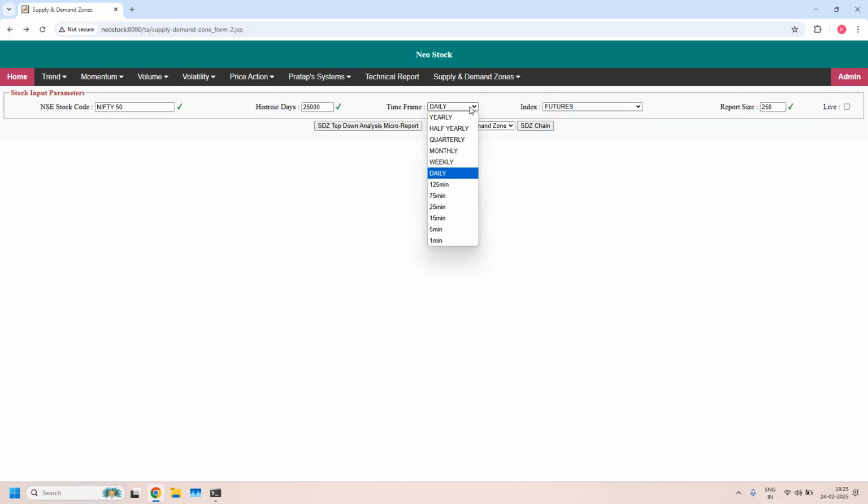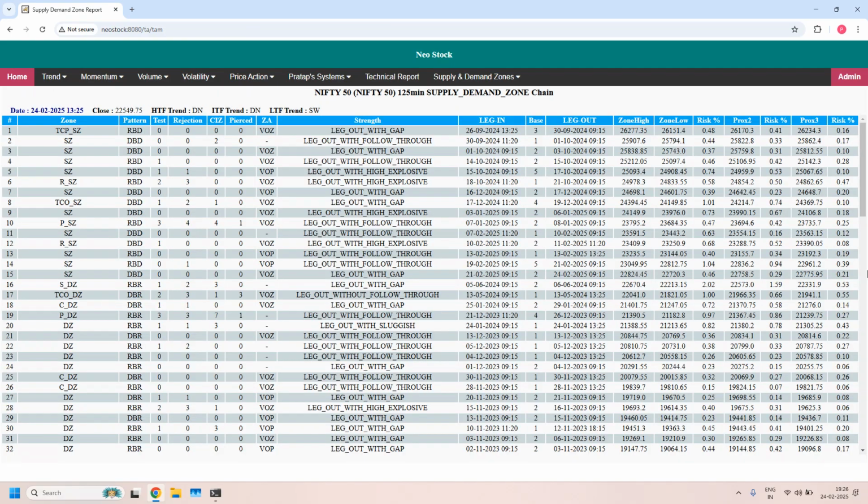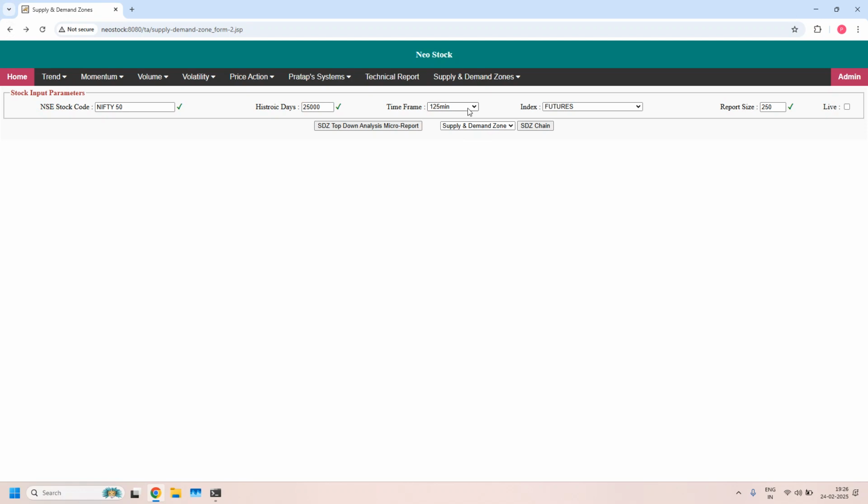Next, 125 minutes supply demand zone chain for NIFTY. Next, 75 minutes supply demand zone chain for NIFTY.